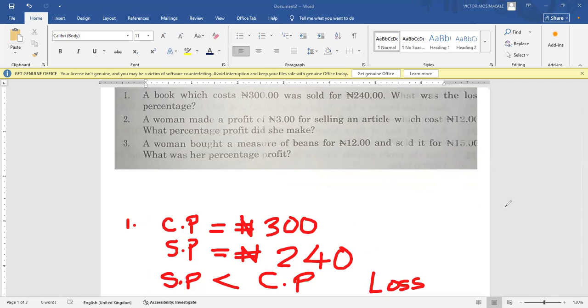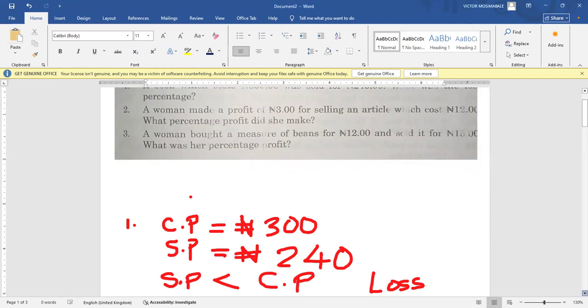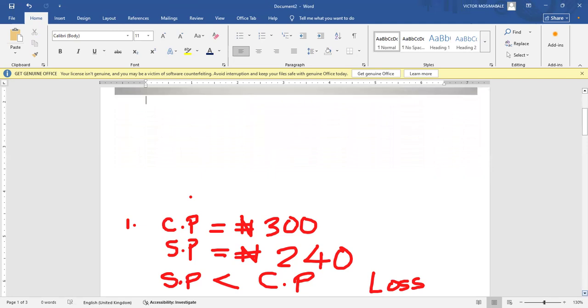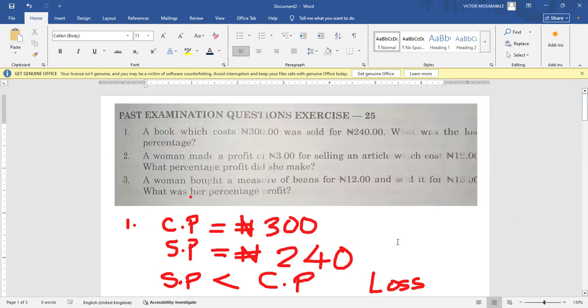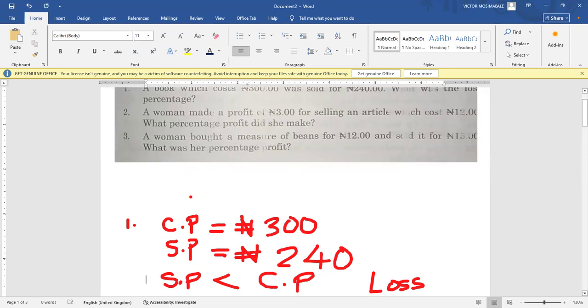The loss is 300 minus 240. That will be 60.